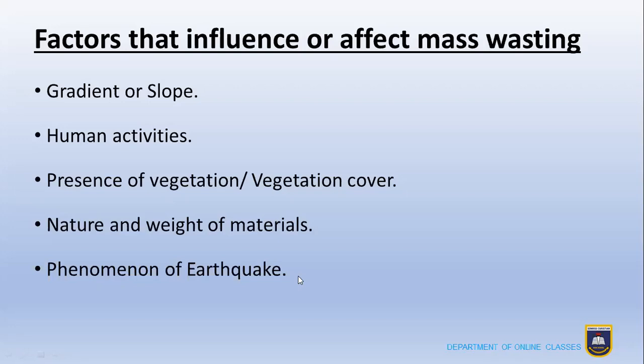And this concept of mass wasting occurs on slopes, not on a flat area, not on a flat landscape. So this is a very important point that you need to note in this explanation on mass movement. All right, let's continue.